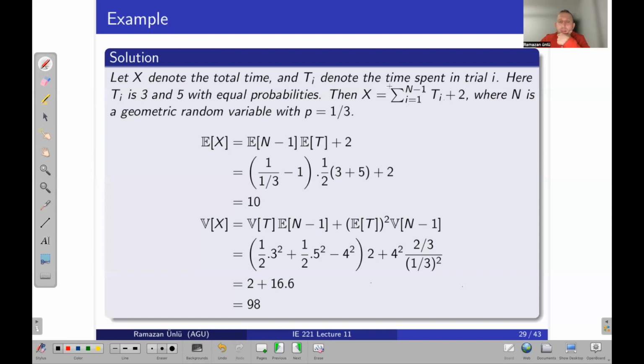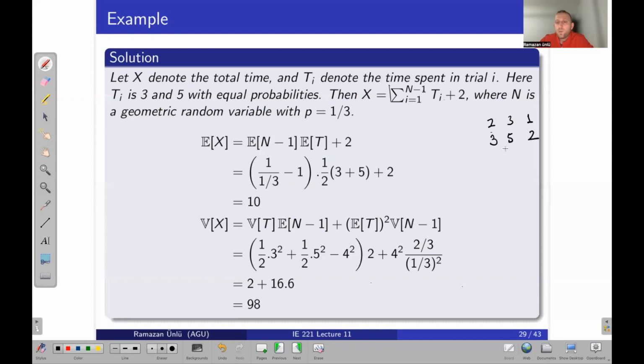And here, let's say he first chose the second door, then the third door, and then the first door. So he will spend 3, 5, and 2 hours.